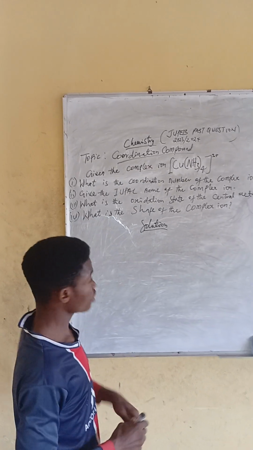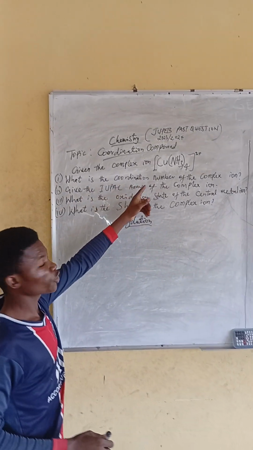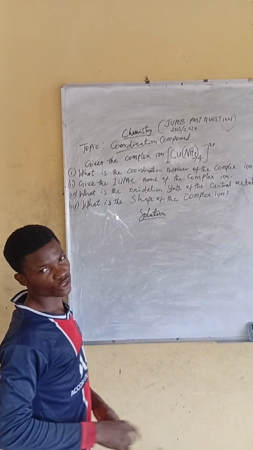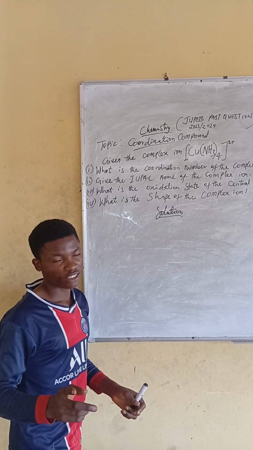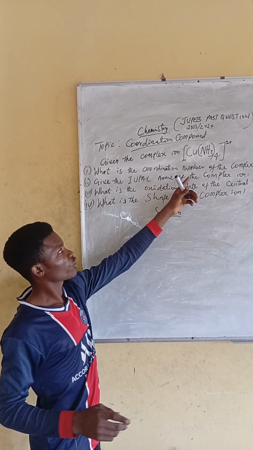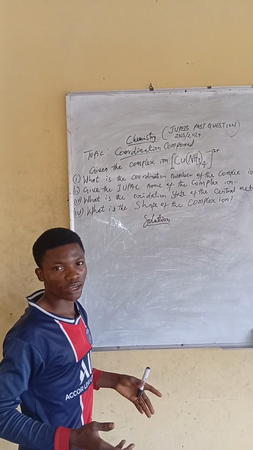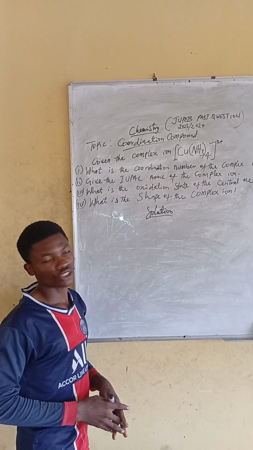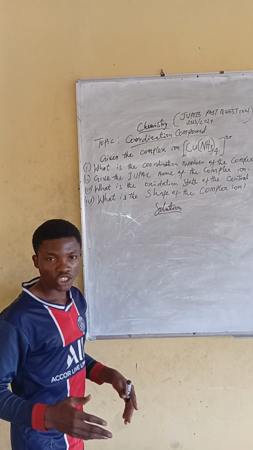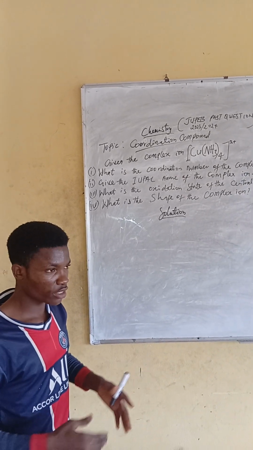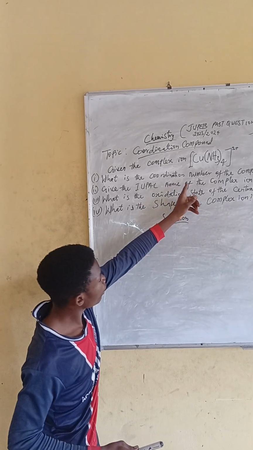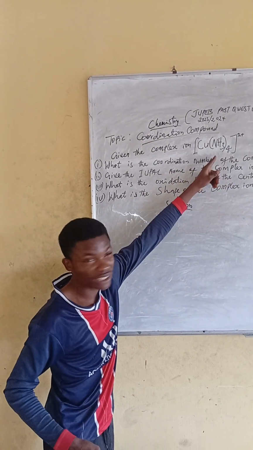So now, let's take the solution. The first one says, what is the coordination number of the complex ion? As I told you earlier, the coordination number is also referred to as secondary valency. And remember, the coordination number is the number multiplied with the ligand.